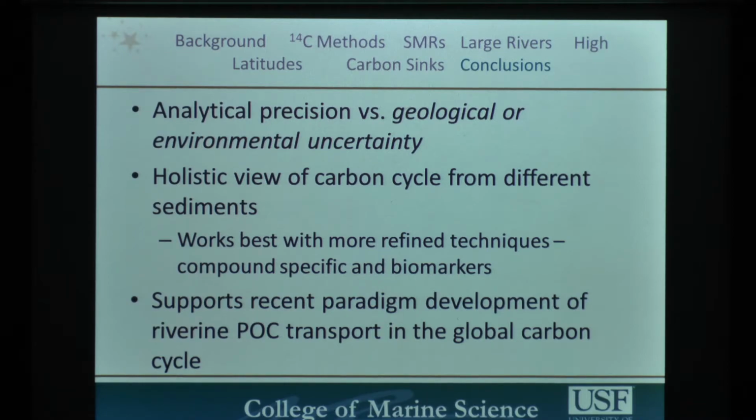So at the very least, if you didn't believe anything that I was saying, when you look at the age spectra that are coming out of our method, that gives you an idea right there of what the geologic uncertainty is in a radiocarbon age, and it's orders of magnitude greater than the analytical uncertainty. So it's an important component of our work, and I think it gets by a lot of people that review it.